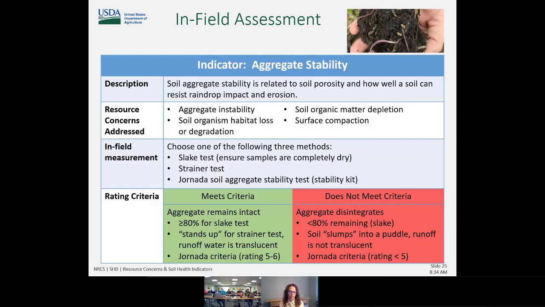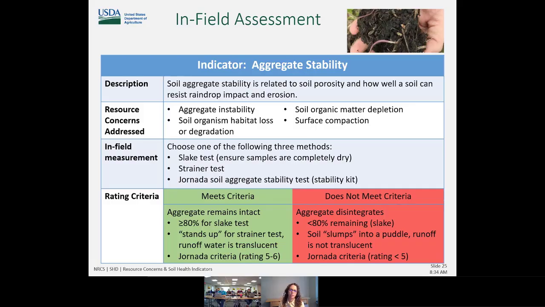You will meet the criteria if the aggregates remain intact for greater than or equal to 80% for the Slake test, if the strainer test reflects some consistency and stability that really stands up in the strainer, and we'll talk about that in just a second on the next couple slides. And the Jornada criteria would be a rating of 5 to 6.